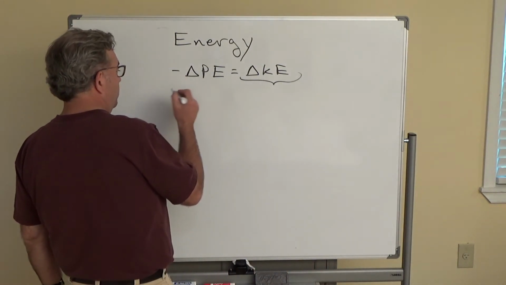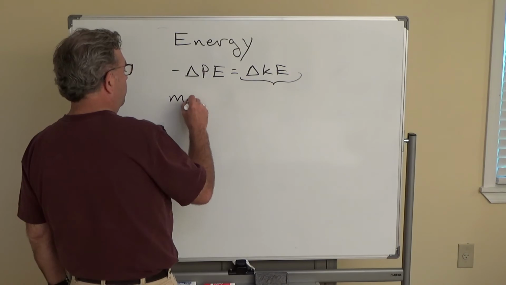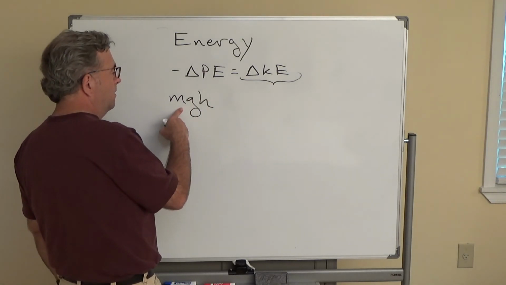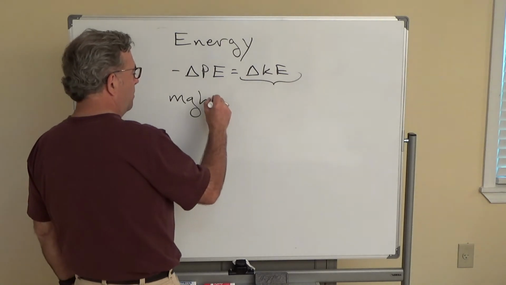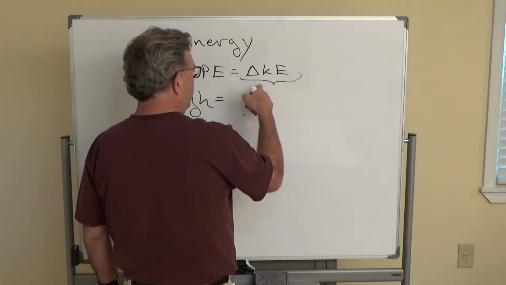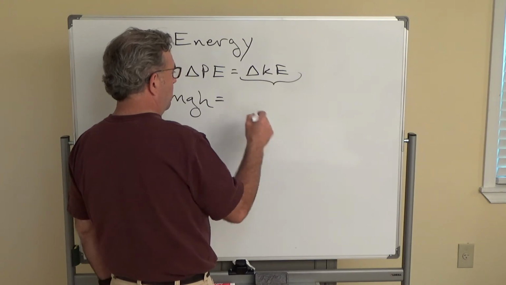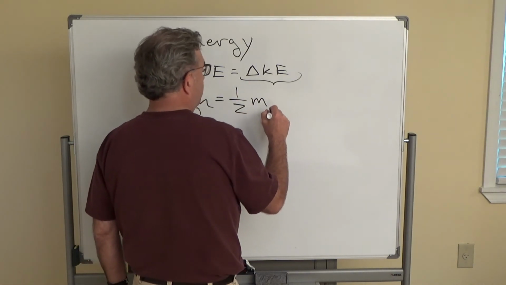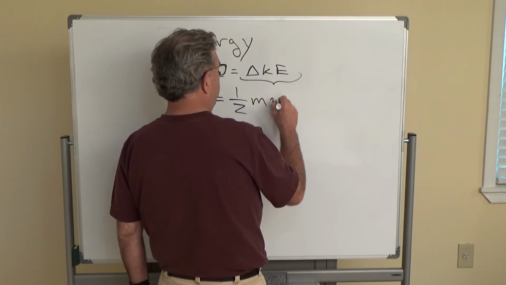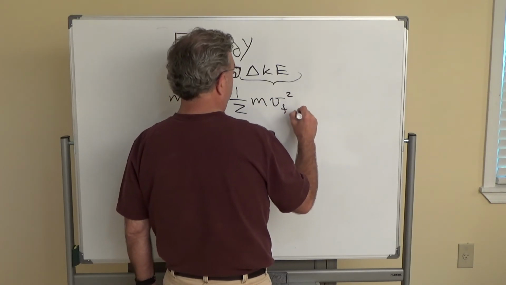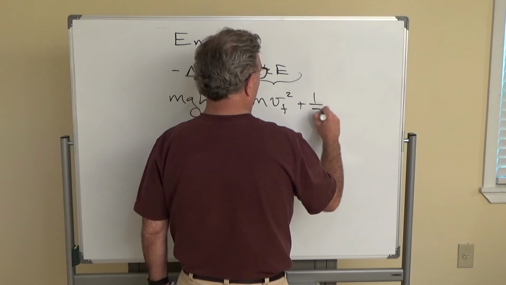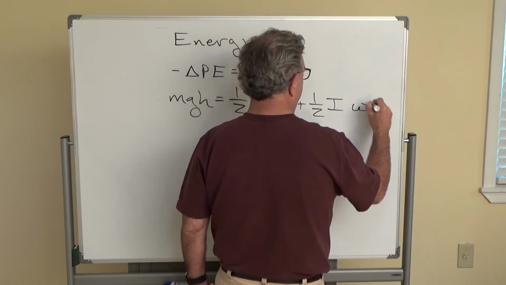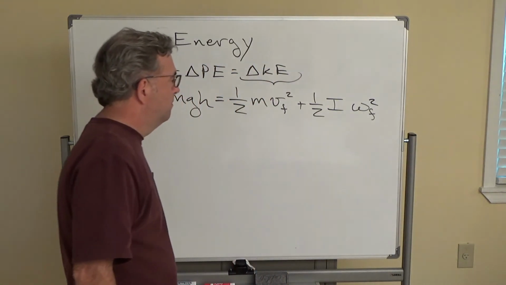So it starts from rest. So mgh, that's the initial potential energy. I'll make the ground 0. That's equal to the change in kinetic energy. It starts from rest. So that's 1/2 little m v final squared, plus 1/2 I of the disk, omega final squared.